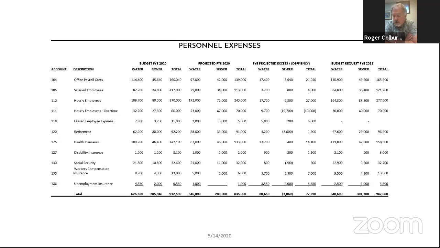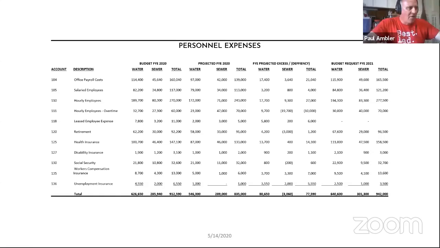But that continues. That program's in trouble, and that's one of the things that hopefully the local governments are going to be able to help get the legislature to help fix that here before it gets way too far out of hand. The next line's the health insurance. You can see it's a big cost. And it continues to be and has been.